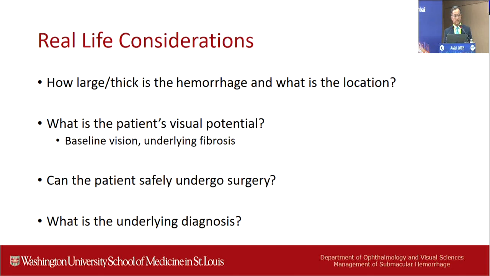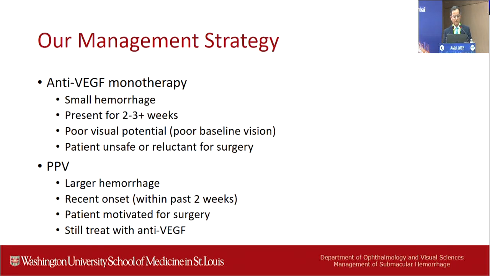And I've just listed some of the things that we discuss with the patient when you have someone with a submacular hemorrhage. In general, if you have small hemorrhages or it's of chronic duration and you're concerned that you won't be able to move it, poor visual potential or systemic risks, I think all of us would at least treat them with anti-VEGF monotherapy, if this is AMD or even non-AMD indications.